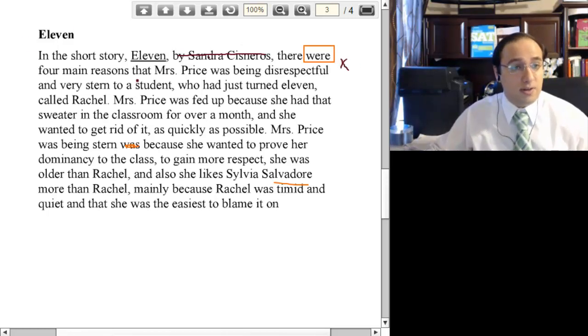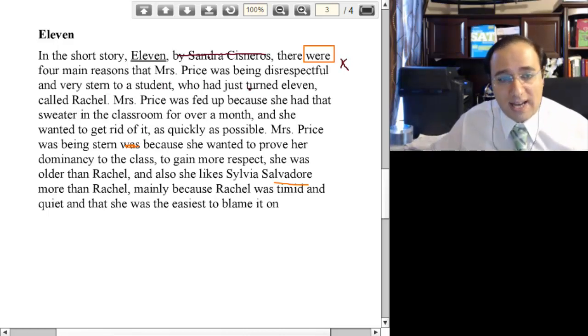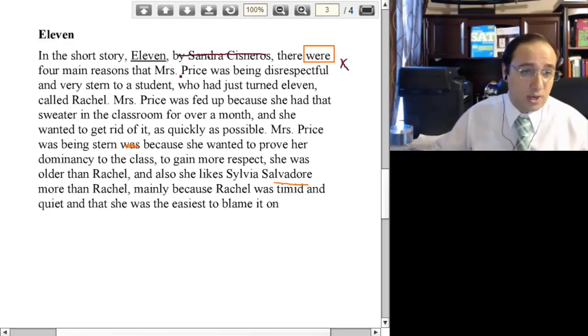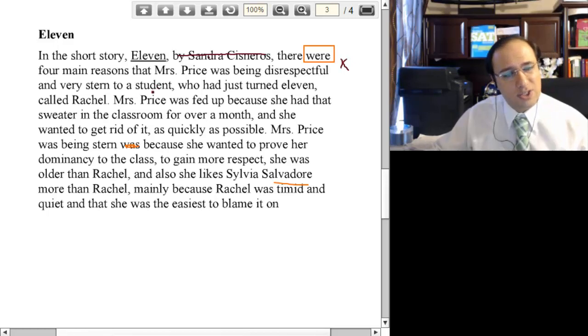"Four main reasons that Mrs. Price was being disrespectful and very stern to a student who had just turned 11 called Rachel." Now, you could have said there were four main reasons why Mrs. Price acted the way she did. Or you could elaborate like the way you did. So, there are four main reasons that Mrs. Price was being disrespectful and very stern to a student.